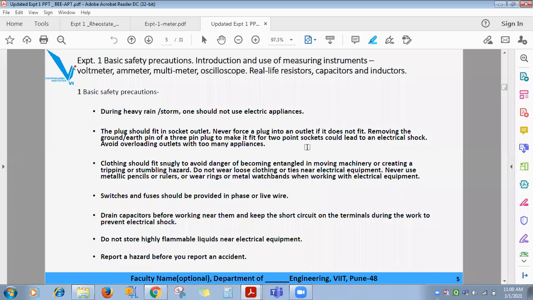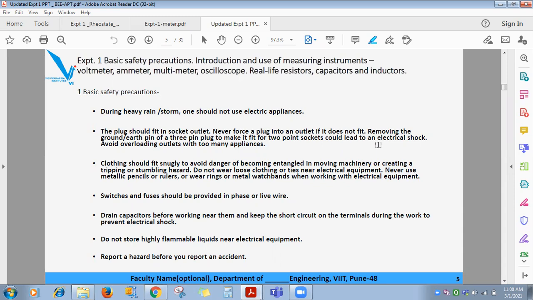Okay, again what else? These are all in college. If the MSB supply is not there, we use a generator. That generator, I think all of you know, requires mechanical input and generates electrical output. So how do we give mechanical input to the generator? Water turbines you can use in a hydropower plant, steam turbines in a thermal power plant. In our college, what can we use to give mechanical input?